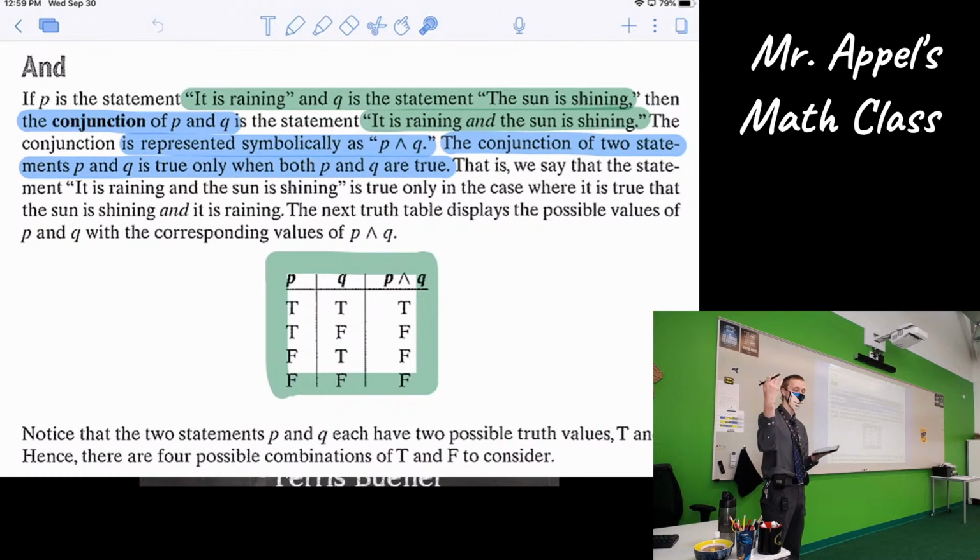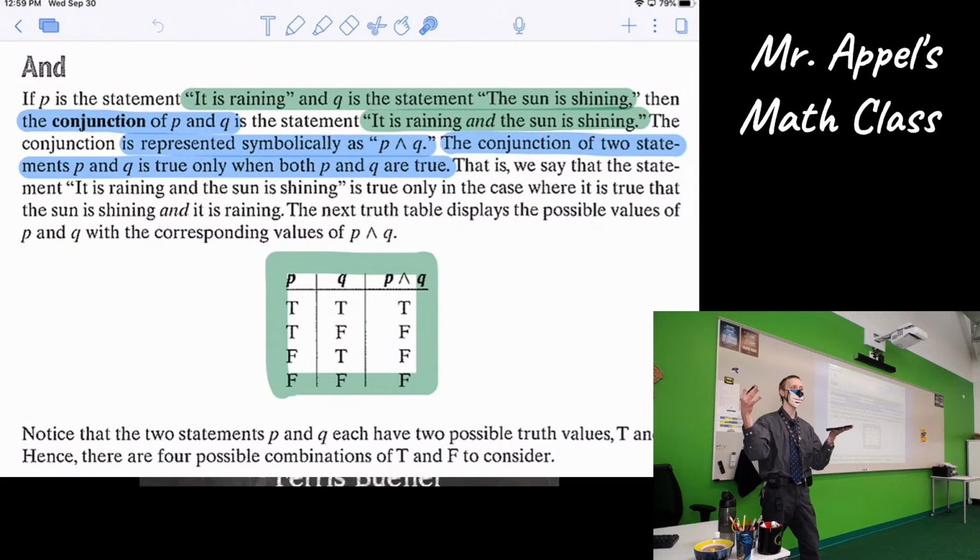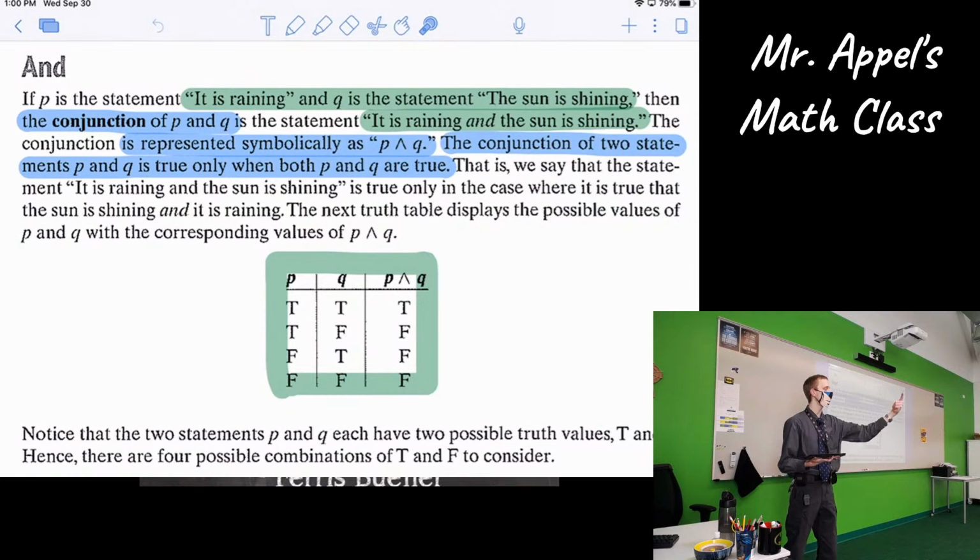The whole thing, this and that, is only true when both of them are true. If either Q or P or both of them is false, then the whole thing is false. Because and is the most selective. It's saying, I am only interested in the days on which it is raining and the sun is shining. It's a very small number of days, right?